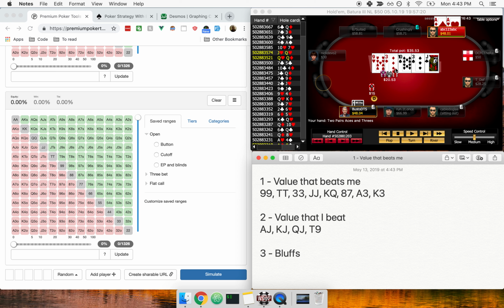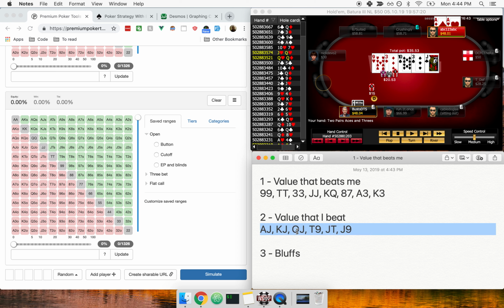And how many 10-8s do I have? How many ace-10s do I have? And am I even calling when I have ace-10? So things like 10-9 or jack-10 or jack-9, it's possible that he's betting these hands for some sort of thin value, but I think it's pretty unlikely.